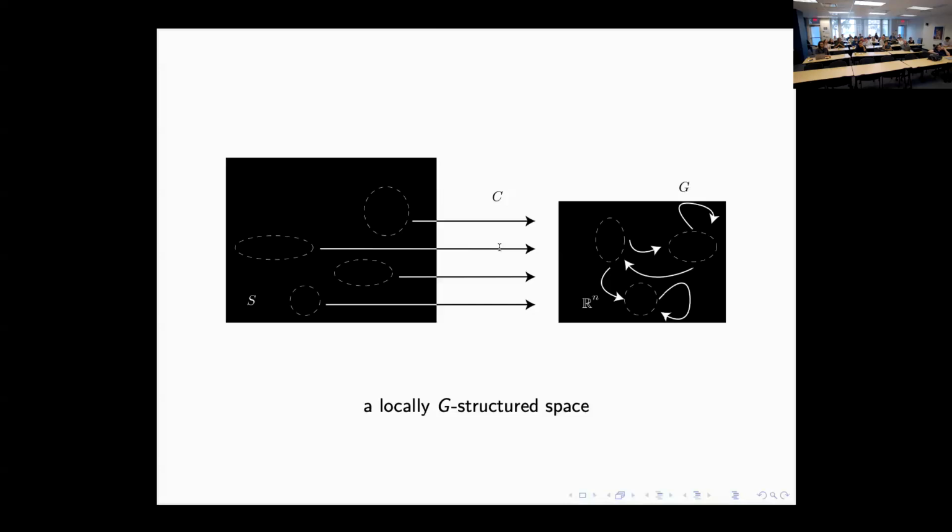Here's a picture. So we have our pseudogroup G defined on Rn. We have our set S, and we have our collection of privileged coordinates from S to Rn. And the maps in C play nicely with the maps in G.